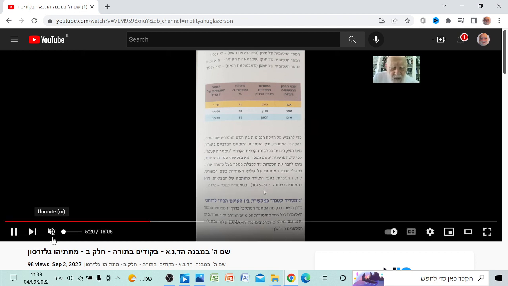So as we said, the small Gematria of those elements of the DNA, as we see here, those three main elements, hydrogen, oxygen, nitrogen.